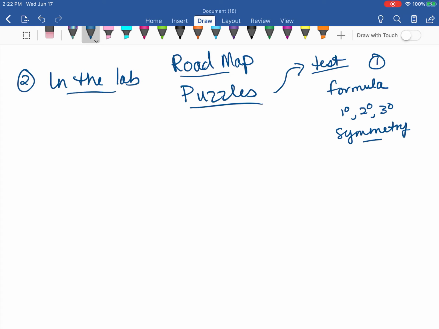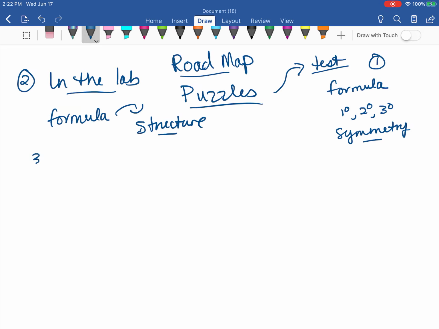So one of the reasons I love roadmaps is that we're literally going to start with a formula and by the end be able to draw a structure. These are the ultimate puzzle. But in true honesty in organic chemistry, this is the process you would go through, very similar when you're actually doing reactions and doing lab work and trying to figure out what you just made. Or if you've got a mysterious substance and you've got to figure out what it is.